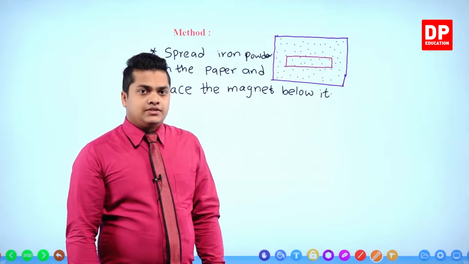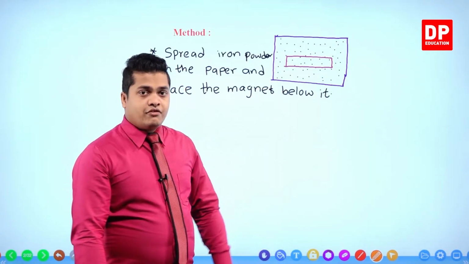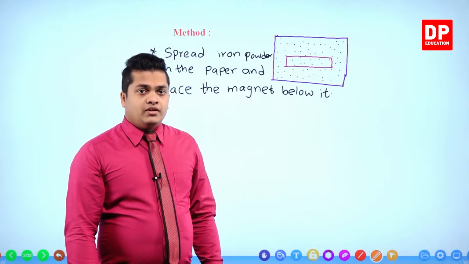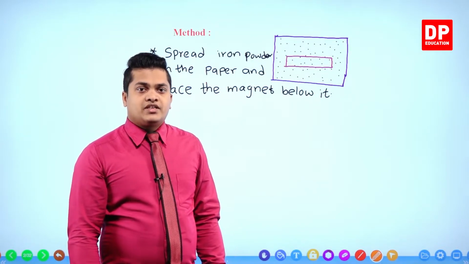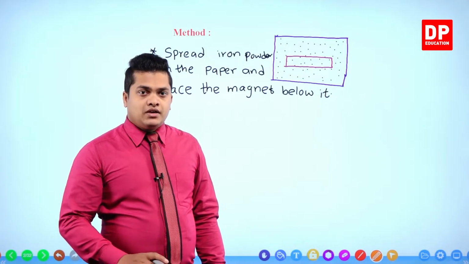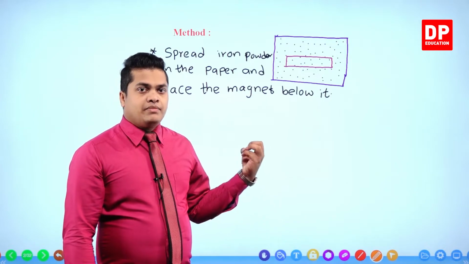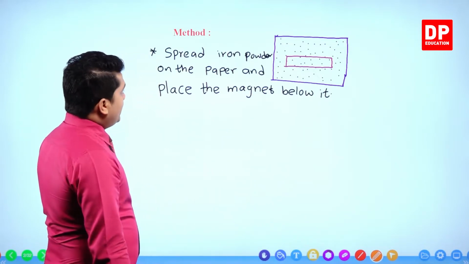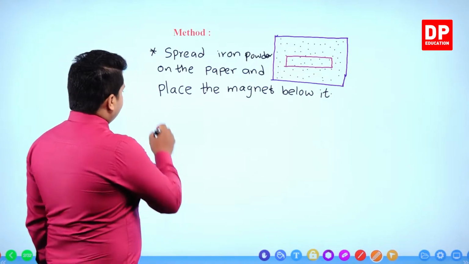That's why you place the magnet below the A4 sheet or the white paper. Otherwise you have to throw away the magnet, because we can't use it for another experiment if there are iron filings on it. So remember to place the magnet below the A4 sheet. Spread the iron powder on the paper and place the magnet below it.